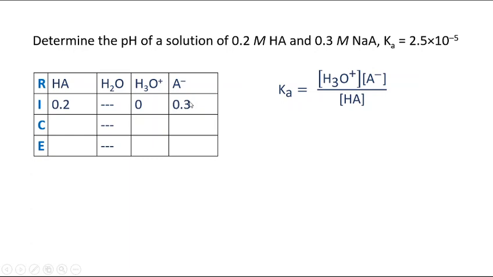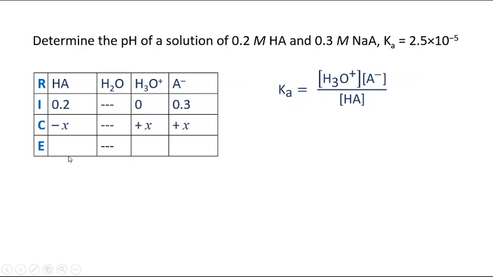And so when we go through and look at these types of problems, the next step happens the exact same way it's happened all the other previous times. Your HA is going to decompose and produce one H3O plus and one A minus. And so the minus X and the plus X and the plus X still remain exactly the same as they did in the previous steps.